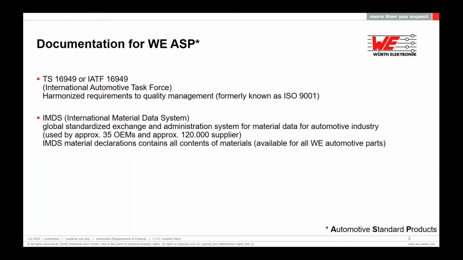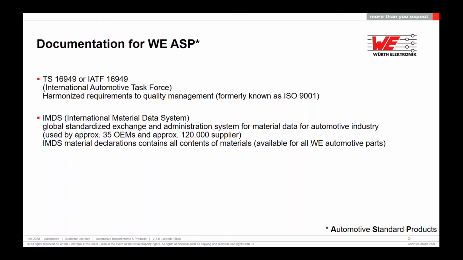The IMDS is the International Material Data System, which started quite early. If I remember correctly, it was 2005 when we started to be listed in IMDS, because it was starting for lead-free components, starting from Japanese manufacturers, and later more than 35 OEMs are already in this system, and over 120,000 suppliers.